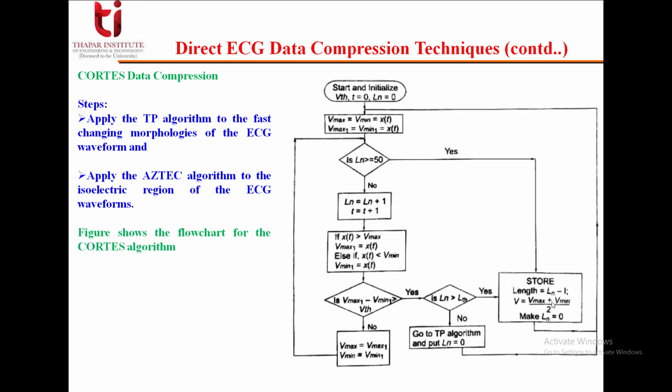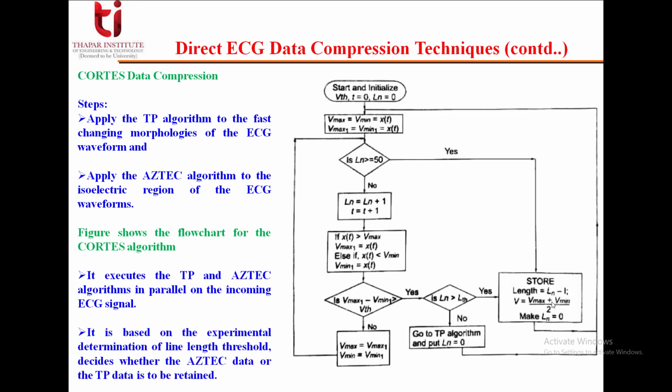This figure shows the flow chart. It executes the TP and AZTEC algorithms in parallel on the incoming ECG signal, and based on the experimental determination of a line length threshold, it decides whether the AZTEC data or the TP data is to be retained.